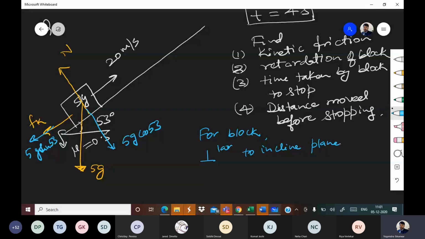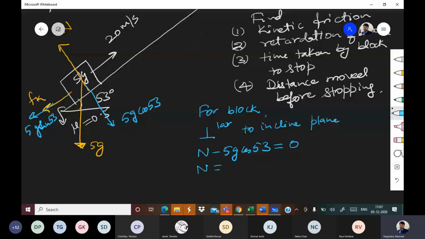Perpendicular to inclined plane. So N minus 5G cos 53 is equal to 0, and that will give us N is equal to 5G cos 53. So 5 into 10 into cos 53, which is 3 by 5. So that is 30 Newton.